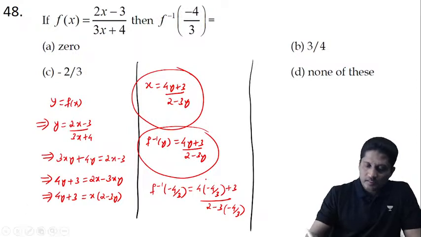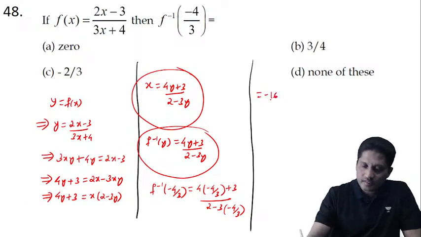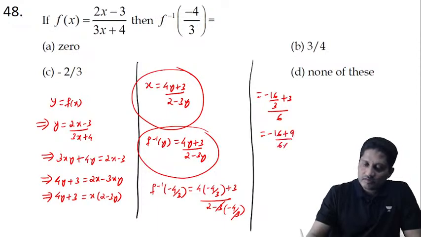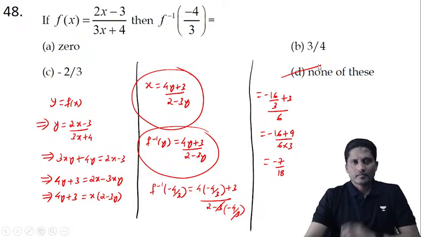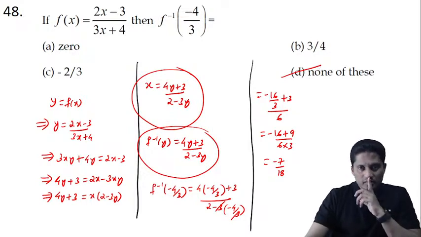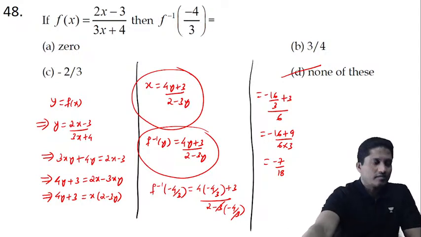So this will cancel. This will be equal to minus 16 by 3 plus 3 divided by, this is plus 6. If I cross multiply, minus 16 plus 9 divided by 6 into 3, which is equal to minus 7 by 18. Answer is none of these, guys. You simplify, you don't get any of the options. Minus 4 by 3, so this is plus 4, 6, minus 16, cross multiply 9, minus 7 by 18. Yes, none of these only.